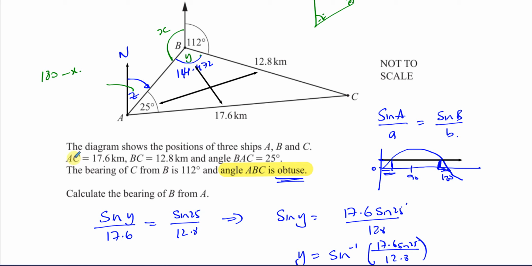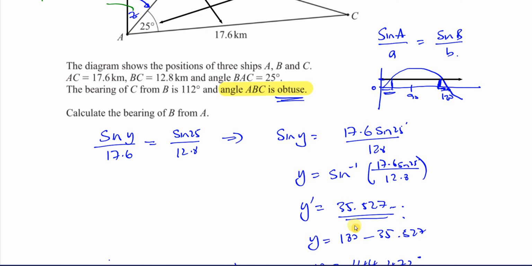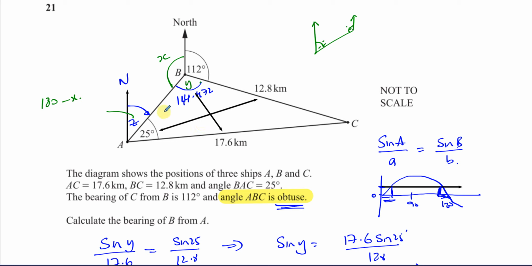Read every word of the question, because some people will just see calculate the bearing of B from A. They'll see all the numbers written there and they won't pay attention to what's written here, and they will miss the fact that it says obtuse. Then they will use this answer here of 35 and call this angle 35, and they will have 112 plus 35, and the whole of their bearing will be completely incorrect. The answer will be completely wrong.